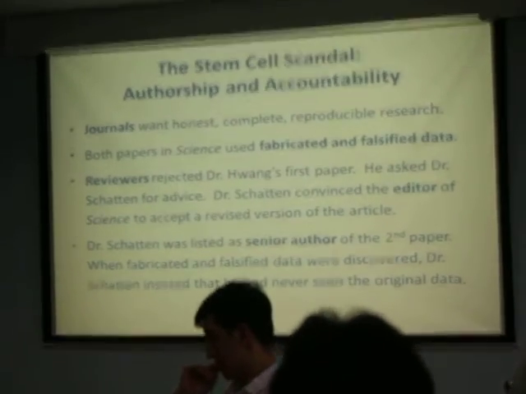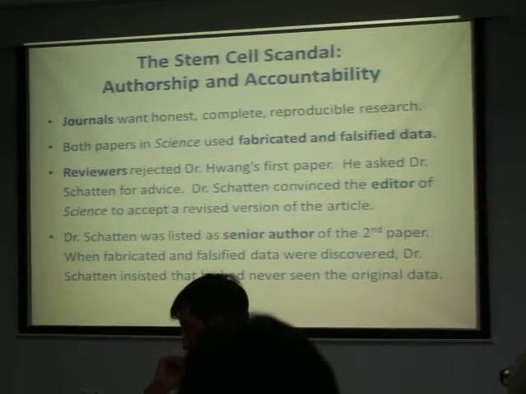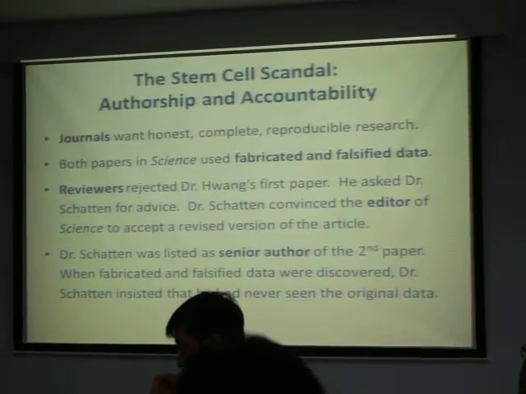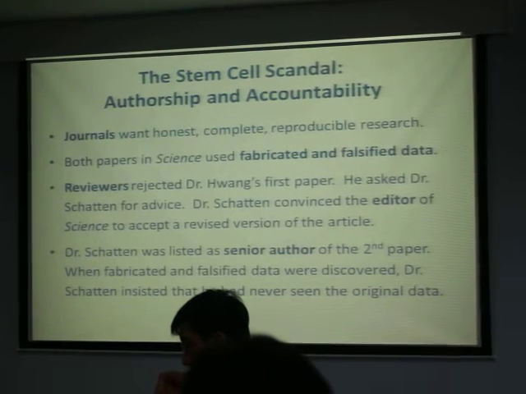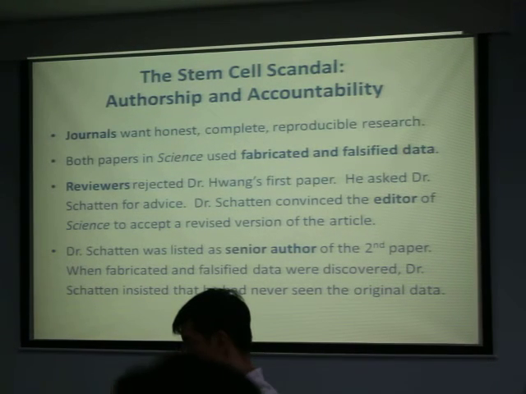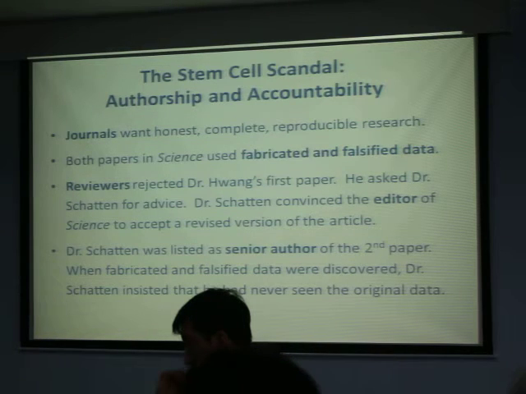When we think about what journals get out of publication, journals obviously make money. Some of the journals make a whole lot more money than other journals. But journals want honest, accurate, complete information in their articles, and they are looking for good papers.